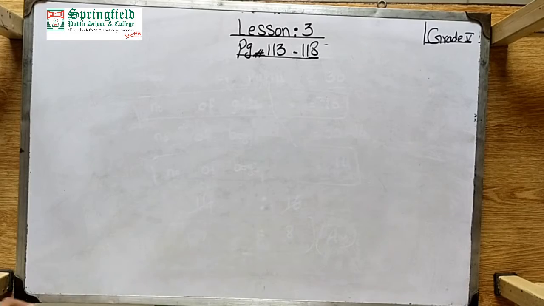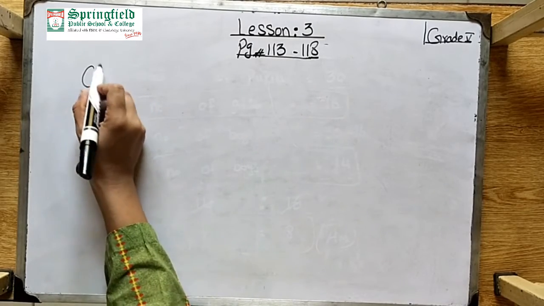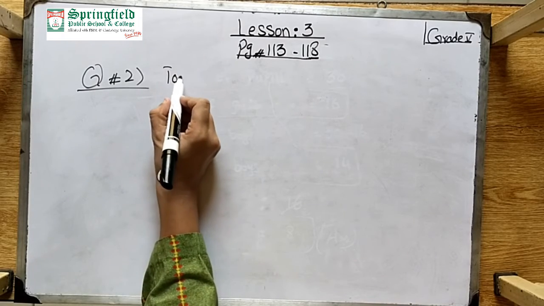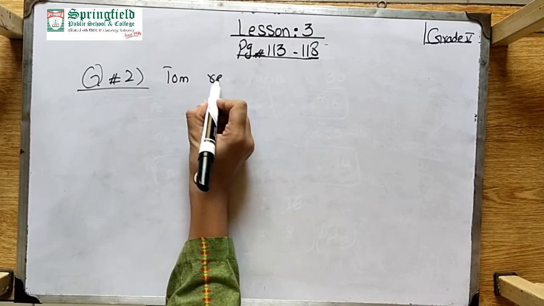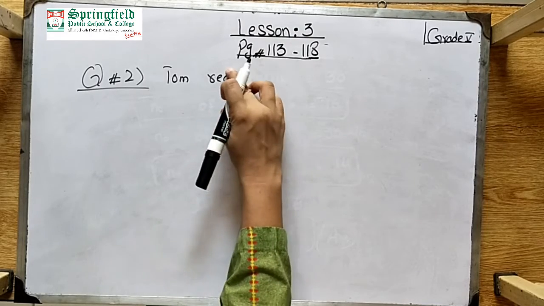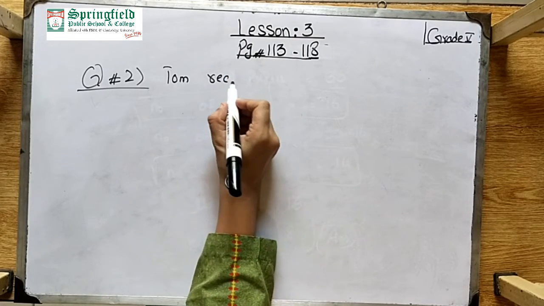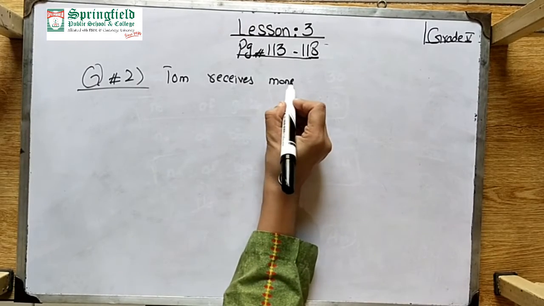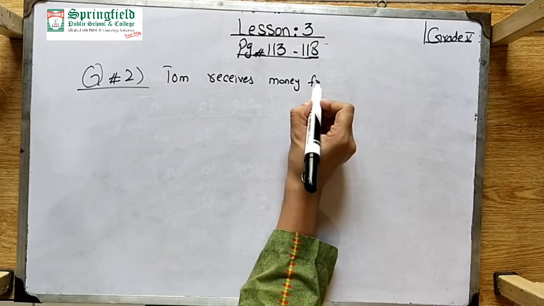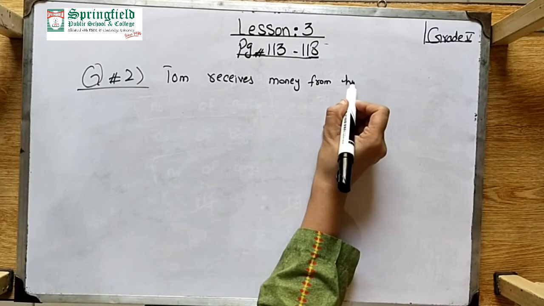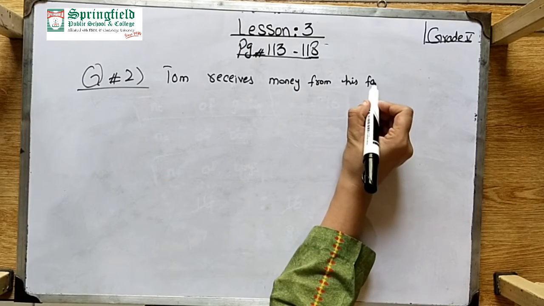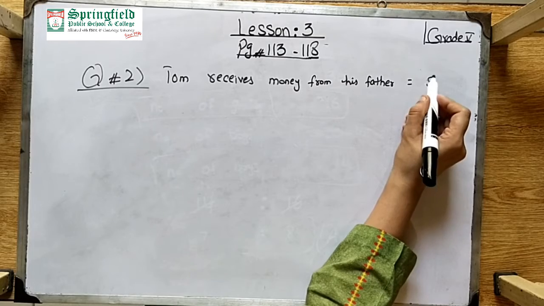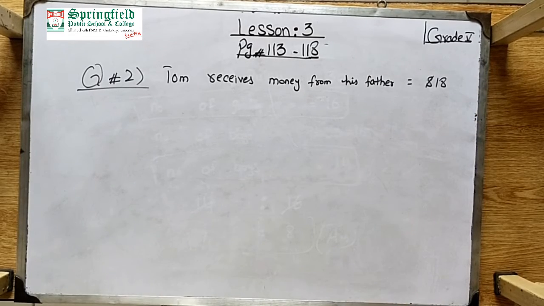Now, question number 2. Tom received money from his father, which is equal to $18.